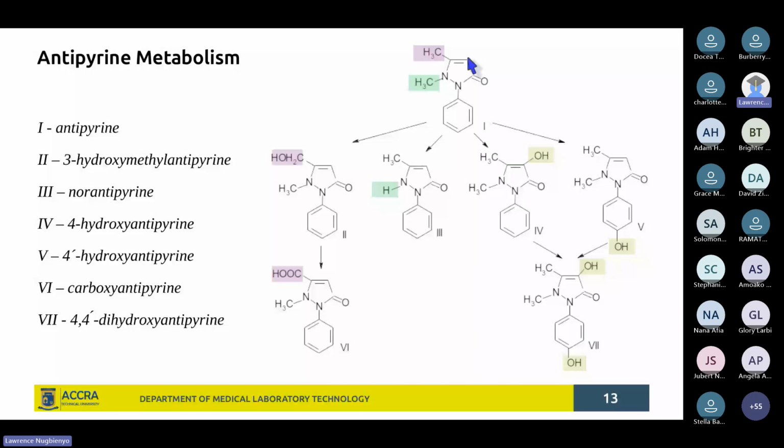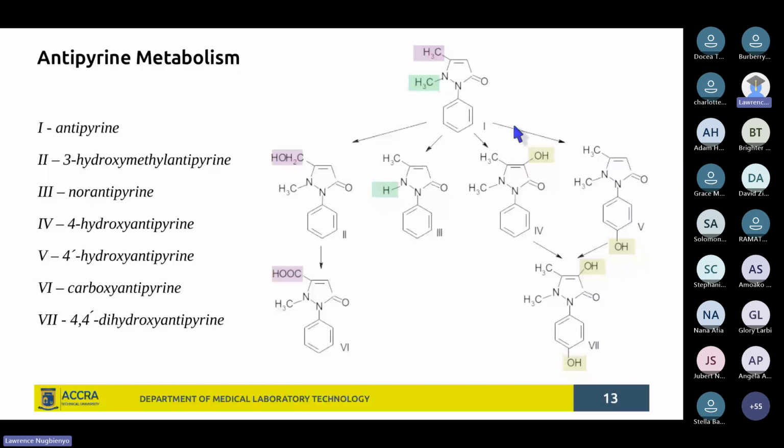But here you have a hydroxyl group. So that is another hydroxylation reaction, which is an example of an oxidation reaction. And the compound there, number 4, what's the name? 4-hydroxyantipyrine, because the hydroxyl group is on carbon number 4.